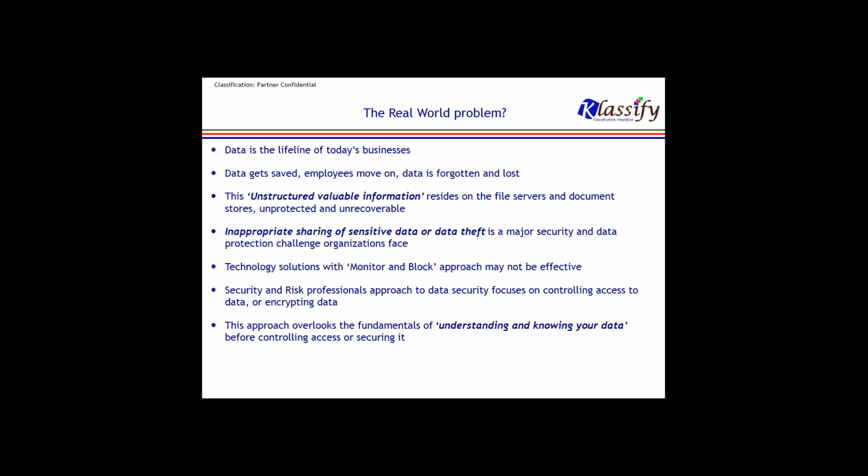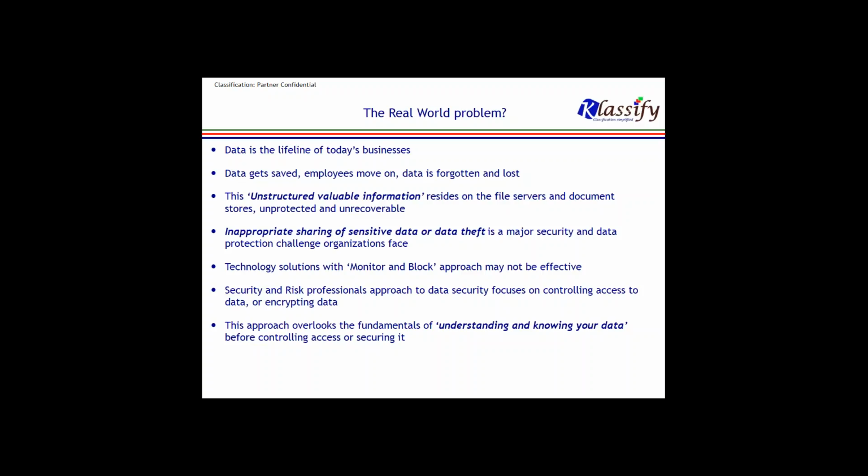And this is one of the major security and data protection challenges that organizations face today. In these circumstances, let us also look at what happens to technology solutions like data loss prevention that work in monitor and block approaches. They are rendered ineffective because there are too many false positives and a lot of security constraints that get in the way of doing business, because the data is not structured, the data is not classified.